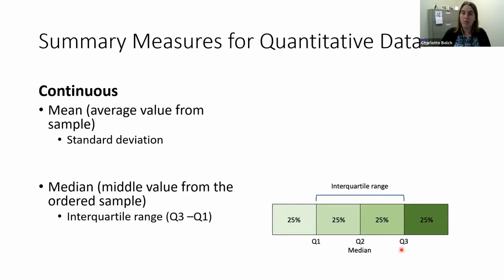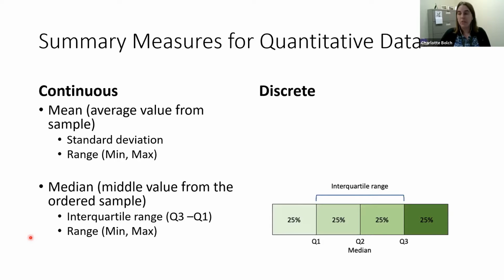So the interquartile range is just quartile 3 minus quartile 1, which represents the spread of the values a quarter above and below the median. And then we can sometimes also report the range for both the mean and the median.